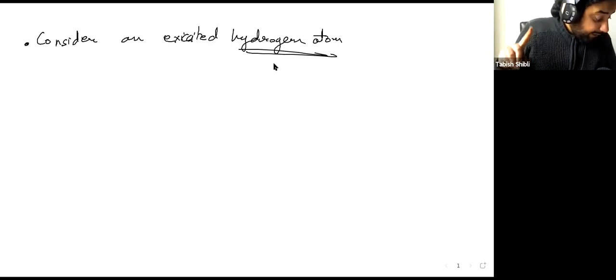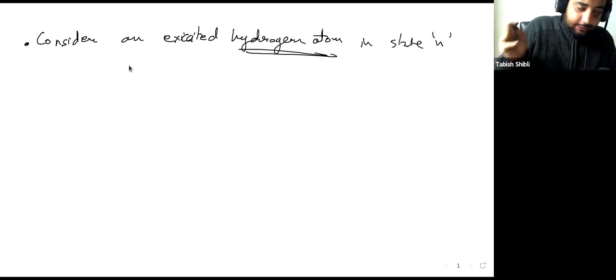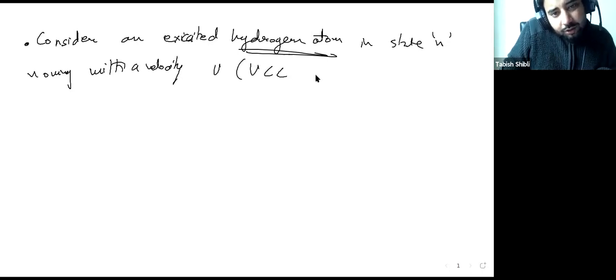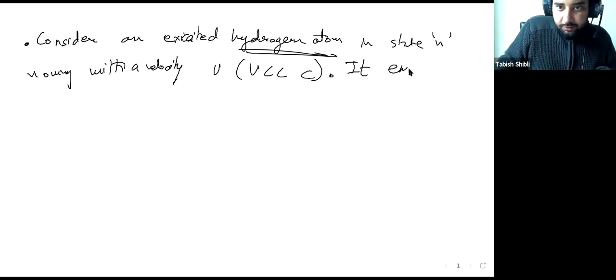This is the excited hydrogen atom in state n, moving with velocity v. So that v is really, really small. It's smaller than the speed of light. This is important, but for reasons that I hope we'll talk about at some point.